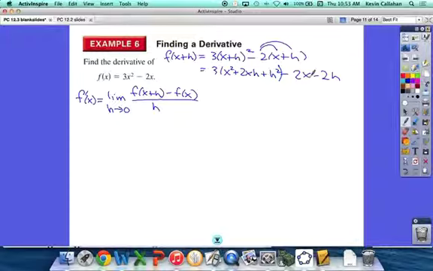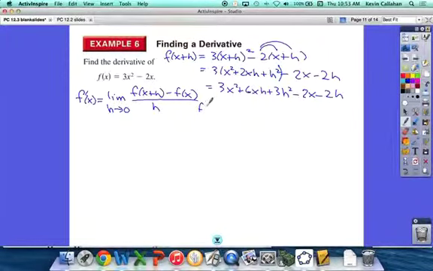Because, you know, what happens is, right, you go 3x squared plus 6xh plus 3h squared minus 2x minus 2h, right? If it's a minus, it's wrong. Sometimes we don't have a constant in there, but you can get the constant wrong when now they're adding together when they should be canceling.